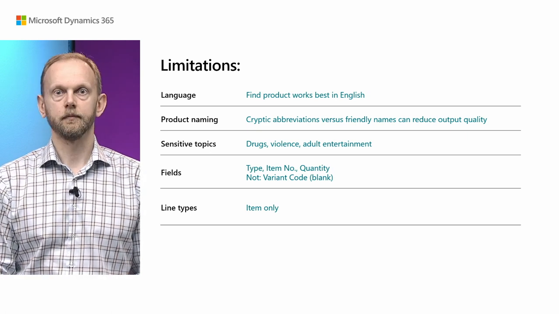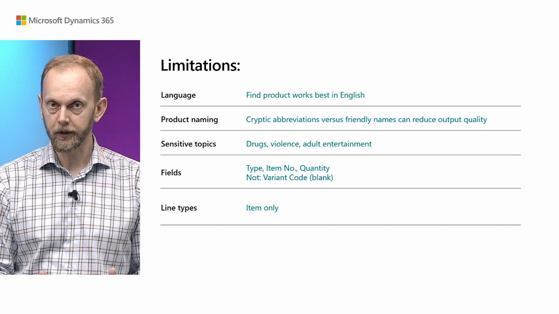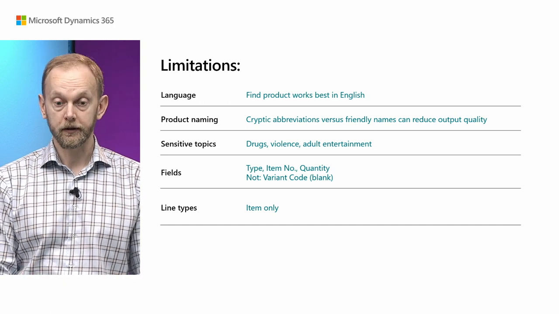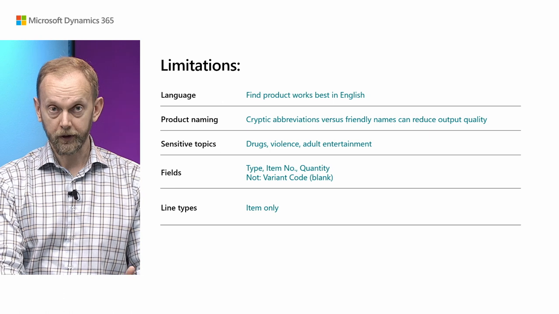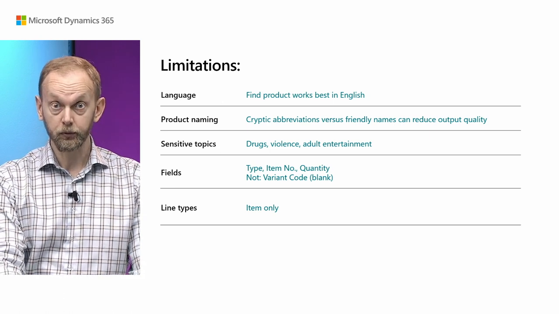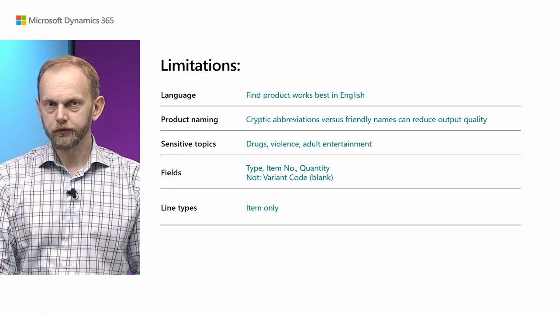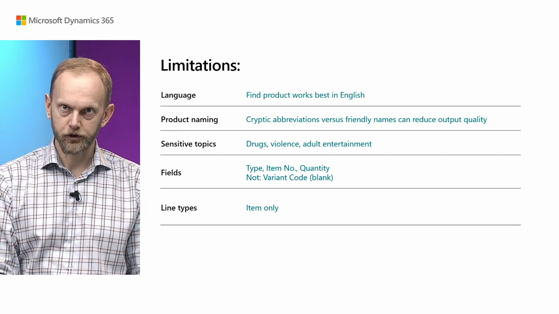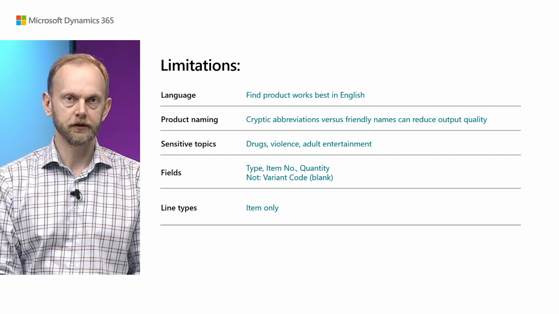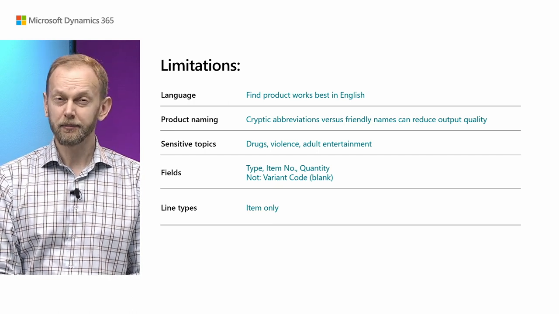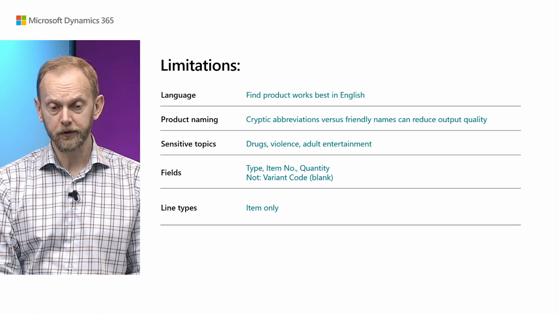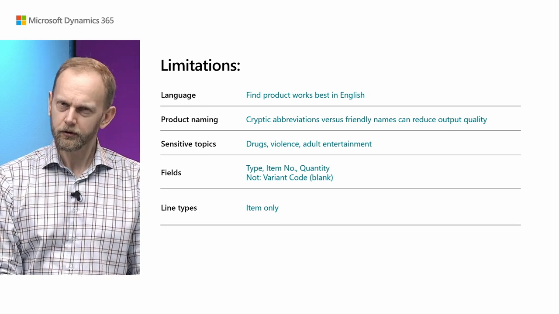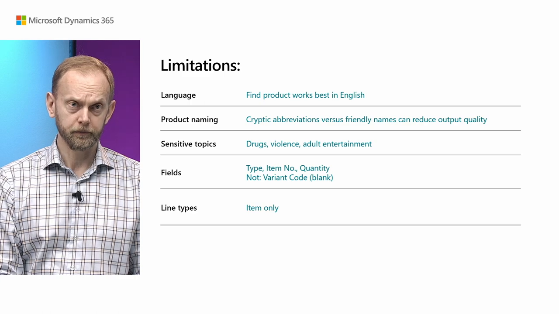So you might need to invest some time into making sure that your products are represented correctly. Then Copilot can find them and understand what they are. Also, if you happen to operate in an industry which results in your product catalog being classified as one of the sensitive topics, then you might not get any output at all.